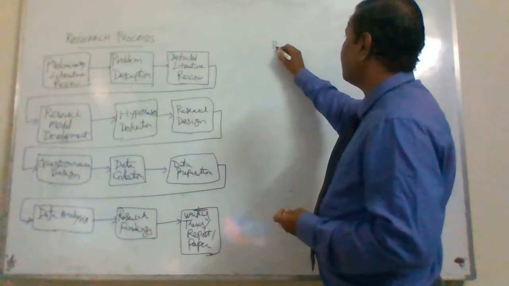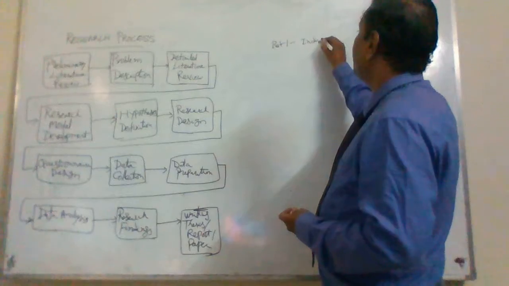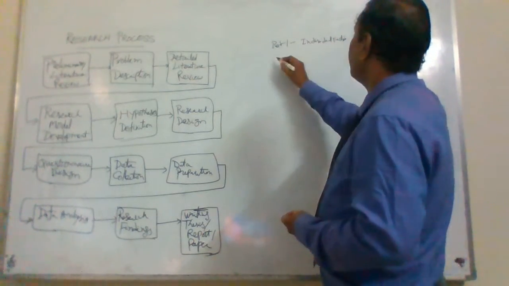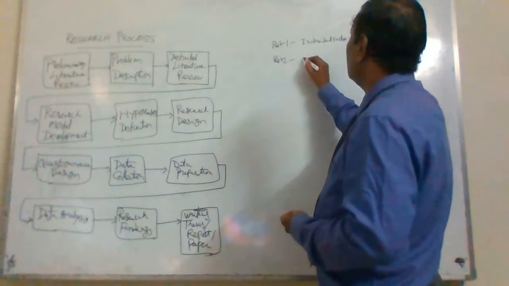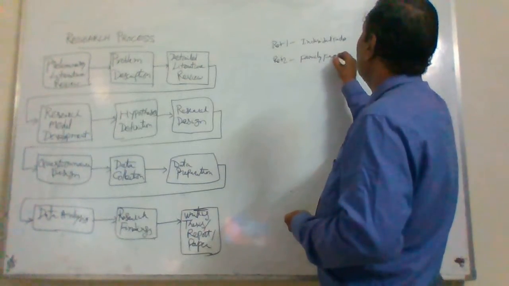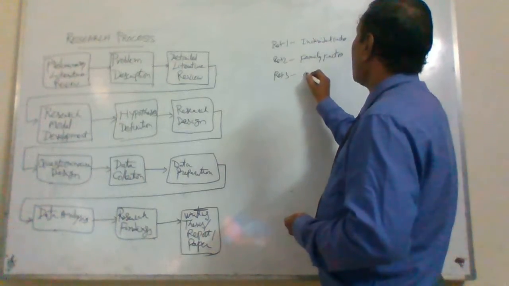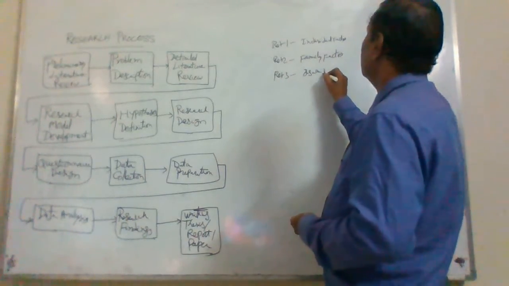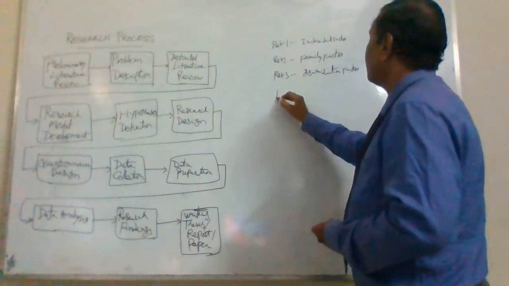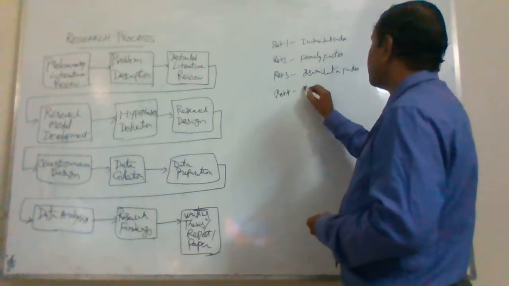For example, reference 1 has given individual factors. Reference 2 gives family related factors. Reference 3 gives organization specific factors. Reference 4, what does it give? It gives job specific factors.